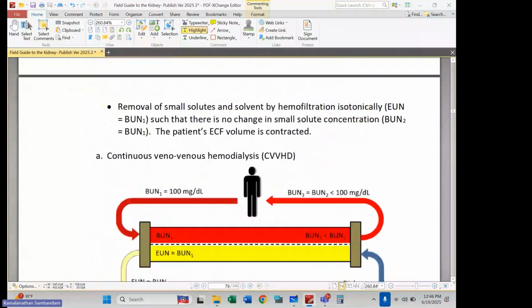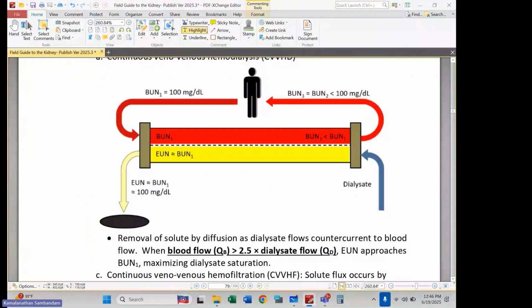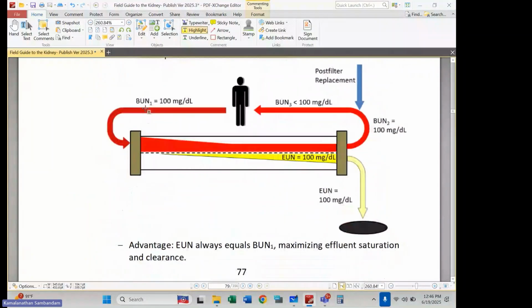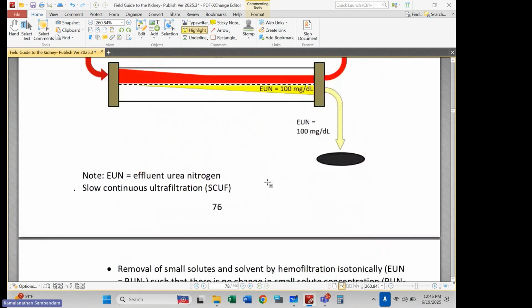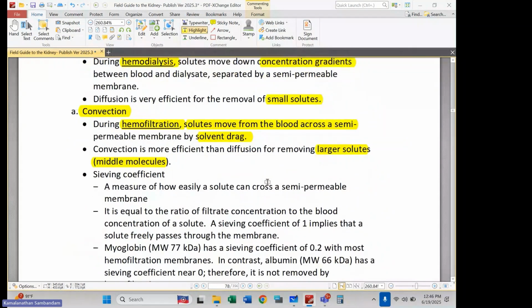You can think of it as functionally, when I increase the transmembrane pressure, I functionally increase the pore size in this semipermeable membrane, and therefore increase the movement of larger molecules.